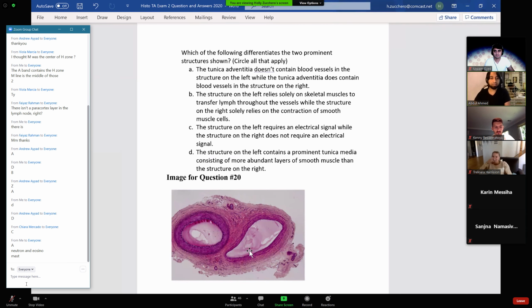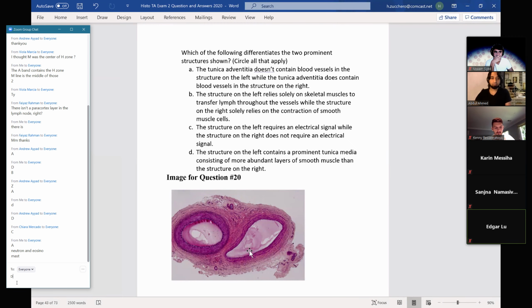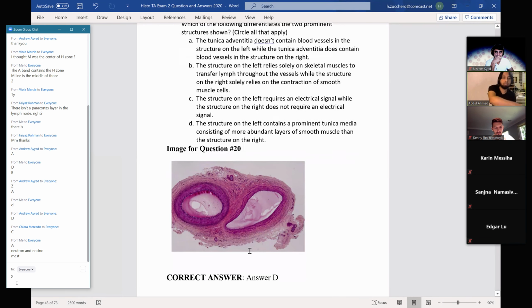All right. Does anyone know what the answer is? D. Yes. So the answer is D.